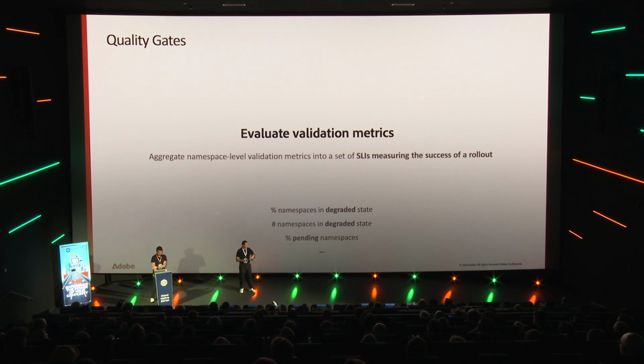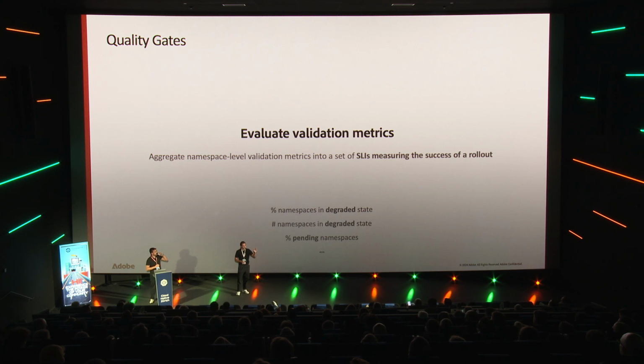So there we calculate some very basic derivative data, like, how many namespaces are still pending to receive a software update that we rolled out, how many have already received it and they are complete, and how many are in degraded state, meaning something is going wrong there. Maybe they're not entirely failed, but some metrics are not performing so well. We don't know which, but we know that they're not performing well.